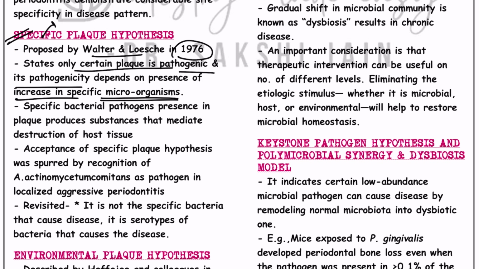In this, an experiment was done to prove this plaque hypothesis. Here, an antibiotic, kanamycin, was given to the patient, and it was seen that it specifically reduced the amount of Streptococcus mutans in the patient, which leads to dental caries.